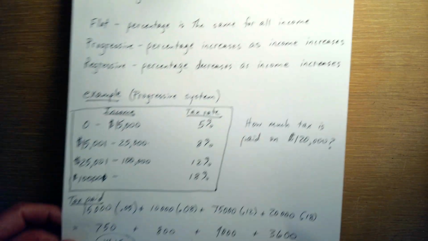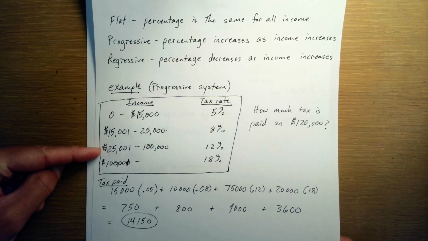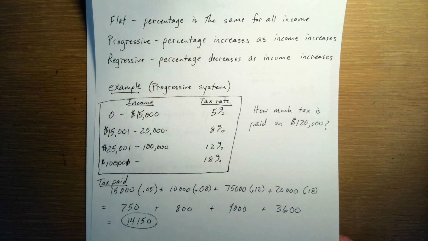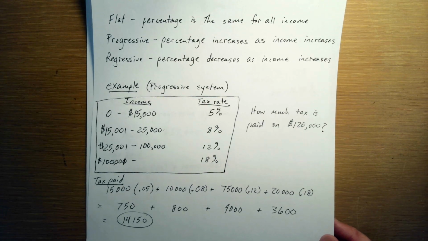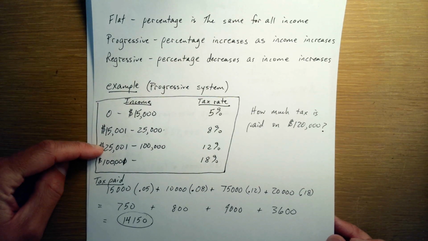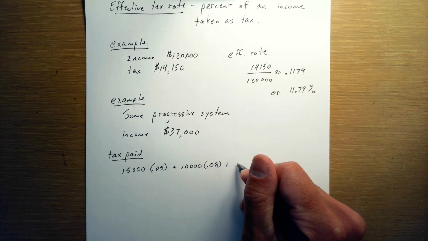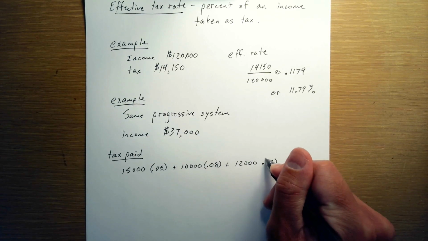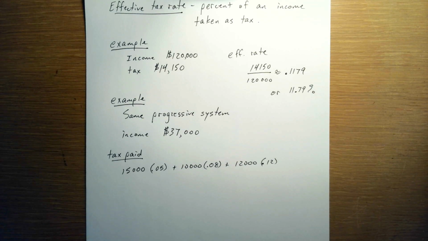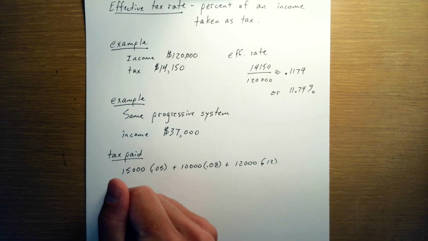And then notice in the next bracket, starting at 25,001 and going to 100,000, our $37,000 income doesn't reach the top of that bracket. So we just take what lies within there. So that's everything above 25,000 up to 37,000. So that's 12,000. And that gets taxed at 12%. Okay, so this is our tax because the 15,000 plus 10,000 plus 12,000, that's our 37,000.